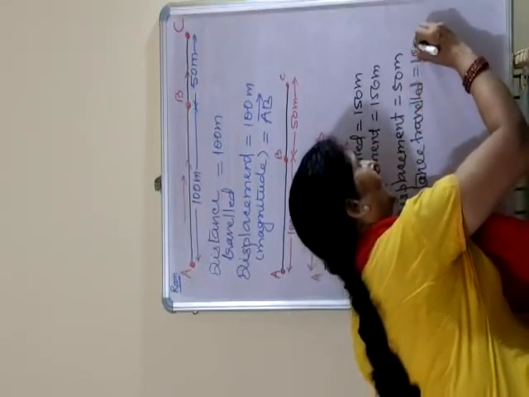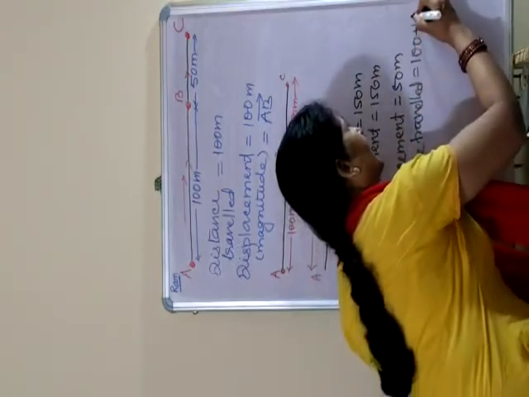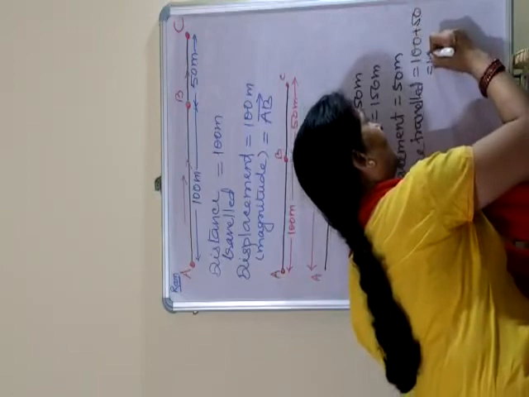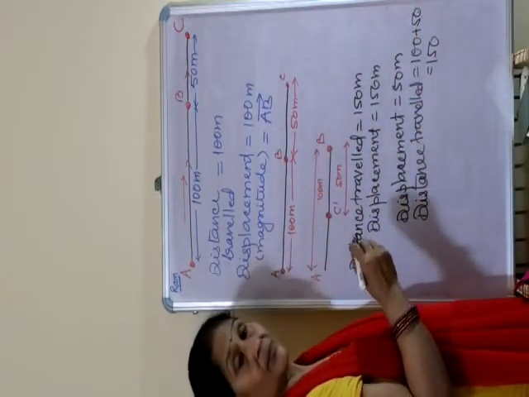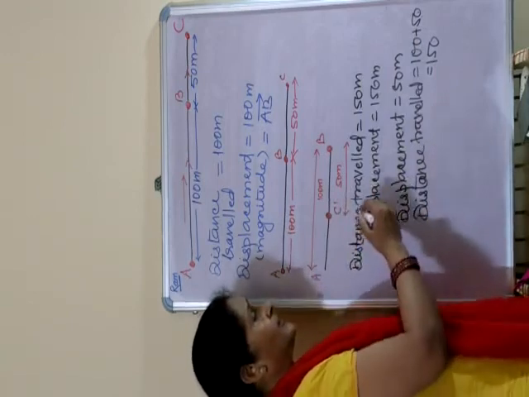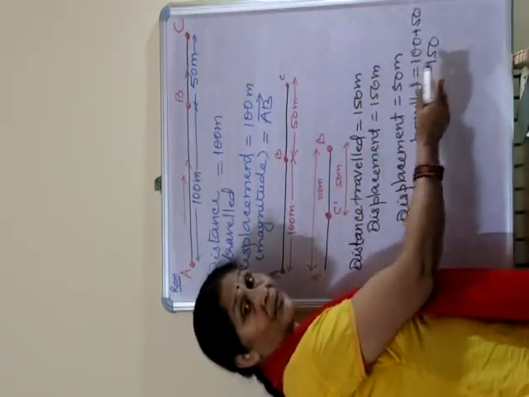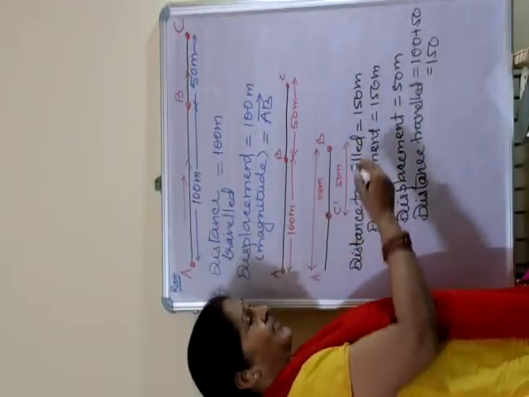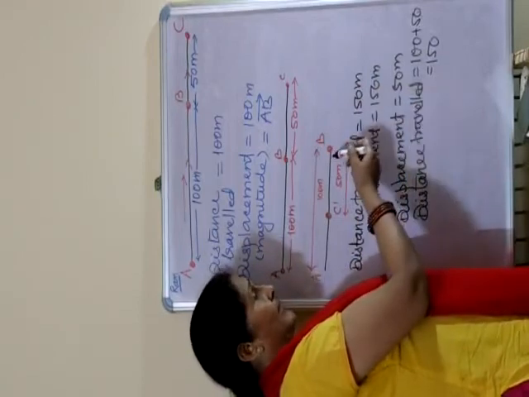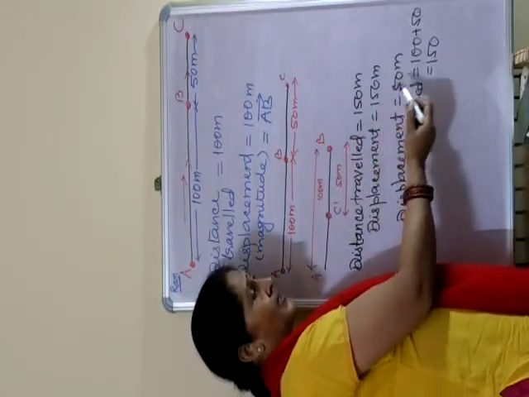So even though he has changed his direction, the distance traveled is 150. But when he changed his direction, he is going in the same direction further, and here he returned back on the same path. The displacement has changed.